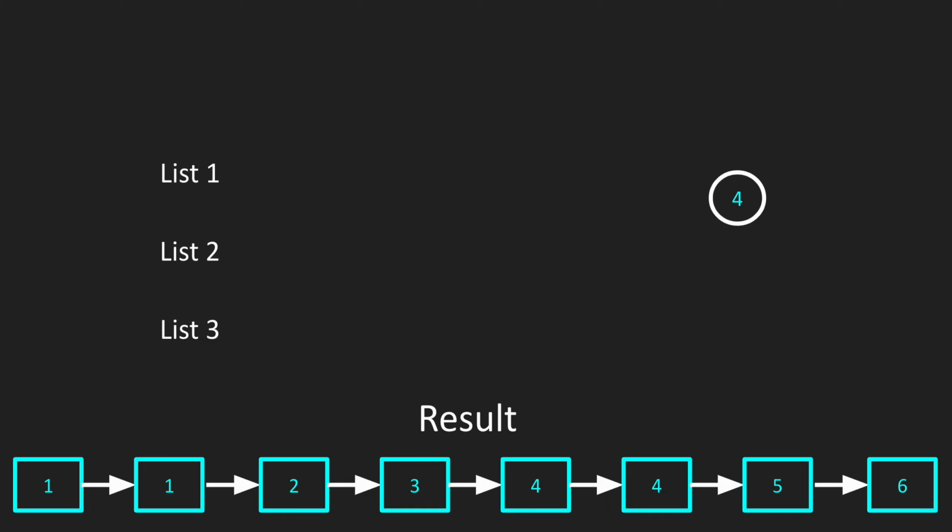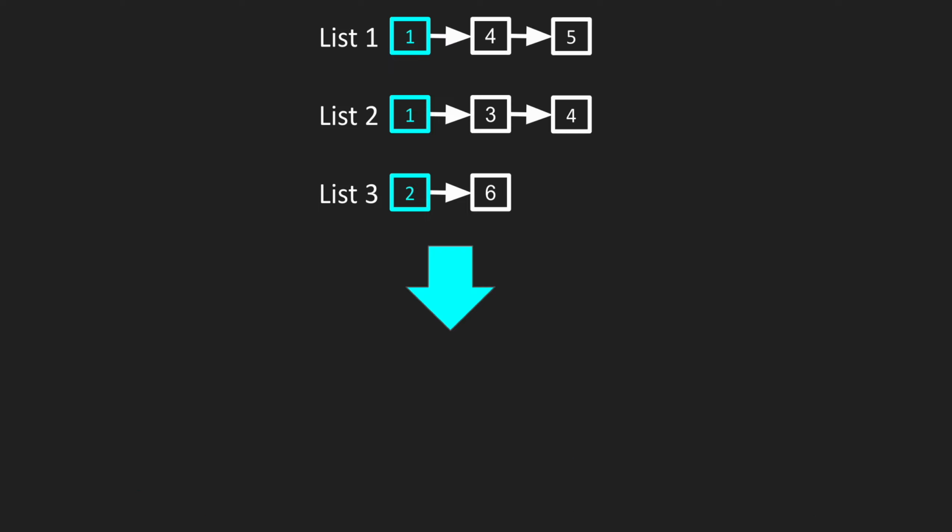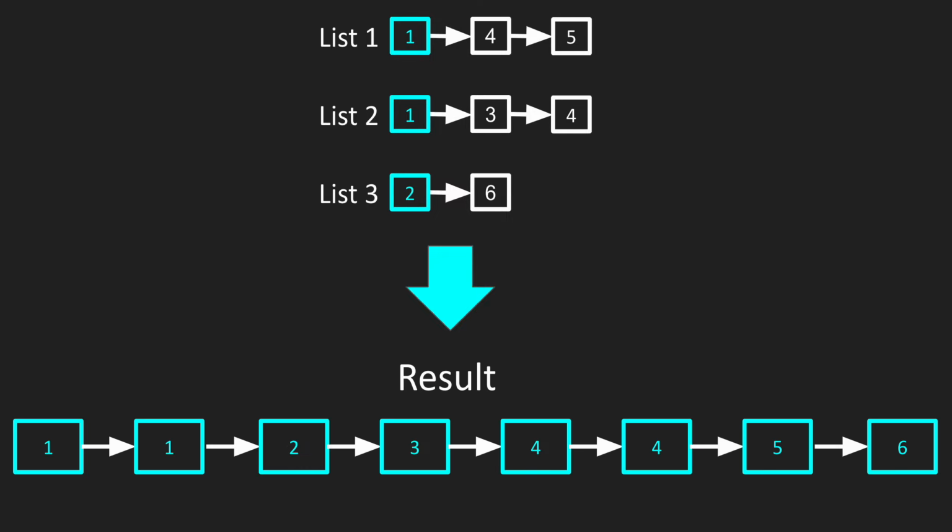At the end, when we have added all elements and we don't have any element left in our minimum heap, we have a result where we have merged all elements in sorted order. In this case, list 1, list 2, and list 3 are sorted into our result.